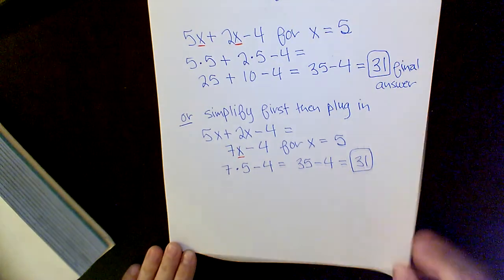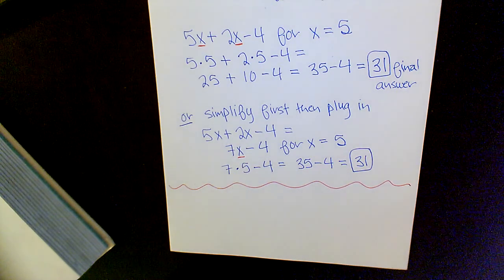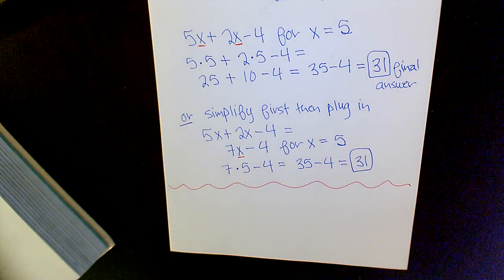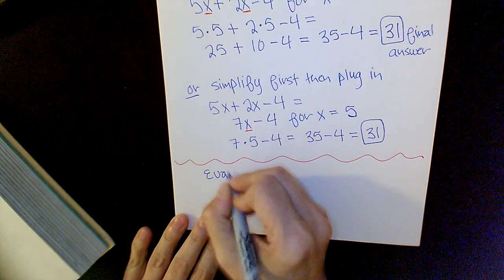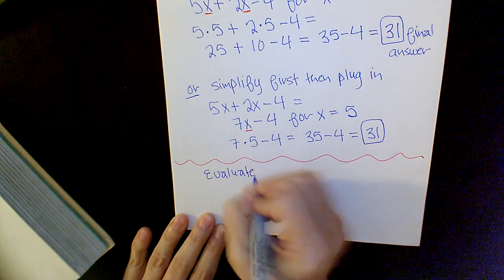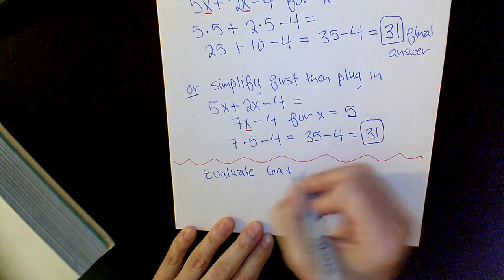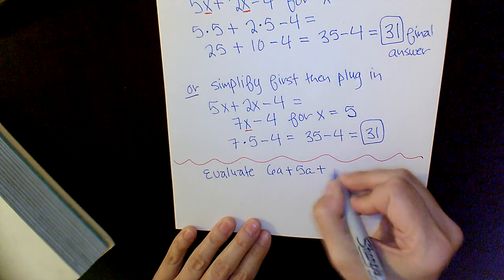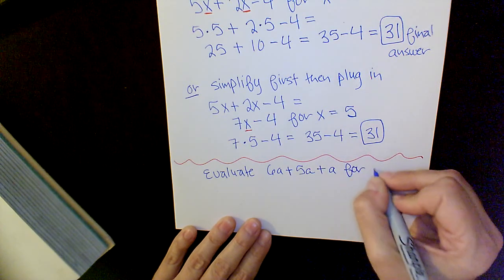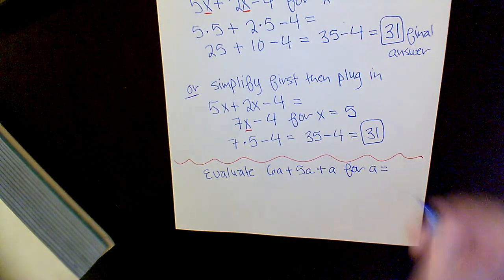So let's try another one. It'll say evaluate, and they're giving me A is -2.